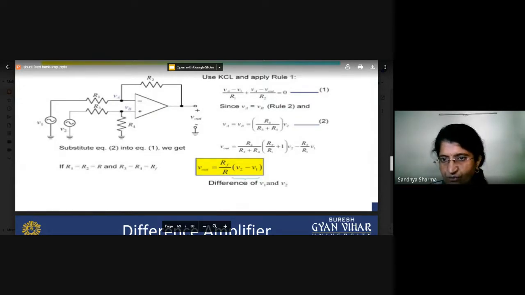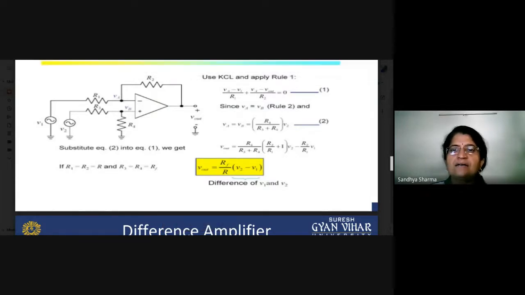You can cancel out here, and now you will receive minus RF by R1 times V2 minus V1. This is the voltage gain, and the output voltage is RF by R1 times V2 minus V1. Now we have to see how it is equivalent to the differential mode.